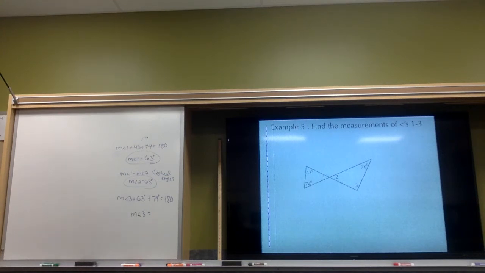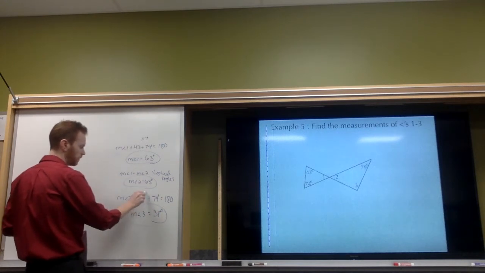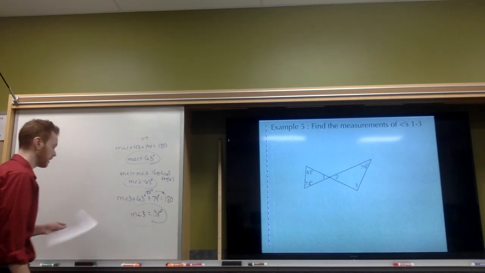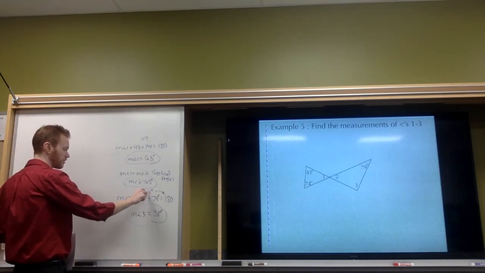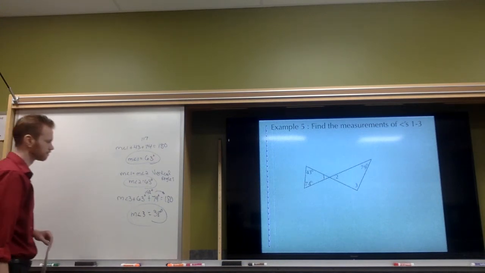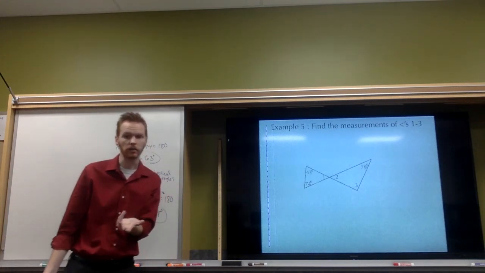Nope, 152. So then if I subtract it, we get 38 degrees for that guy. So this would be 152 degrees. Okay, subtract from that. Not 152. Oh my goodness. 142, sorry. Addition error. And we subtract, we get 38 degrees.